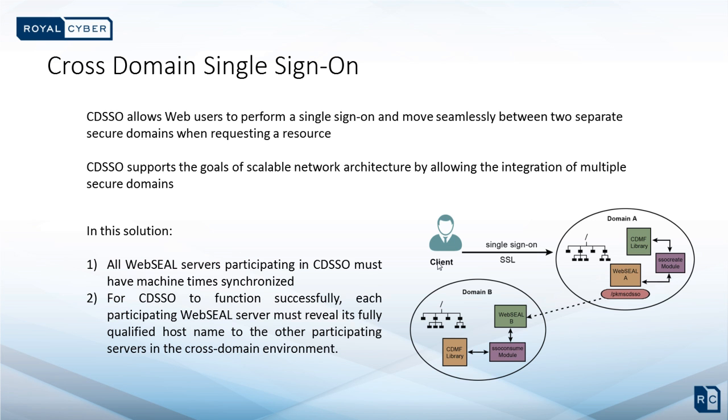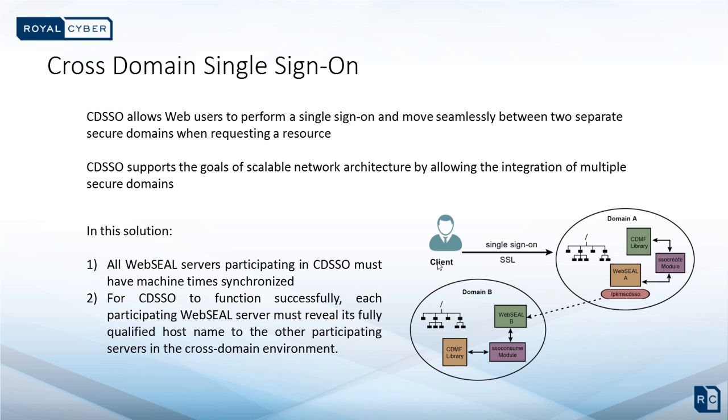For cross-domain single sign-on to function successfully, each participating WebSphere server must reveal its fully qualified host name to the other participating servers in the cross-domain single sign-on environment. So if any host does not include a domain, cross-domain single sign-on cannot be enabled, and an error message will be logged in the log file of WebSphere.